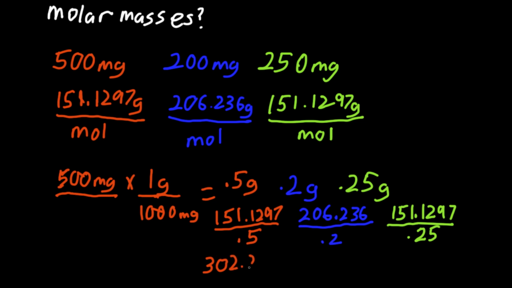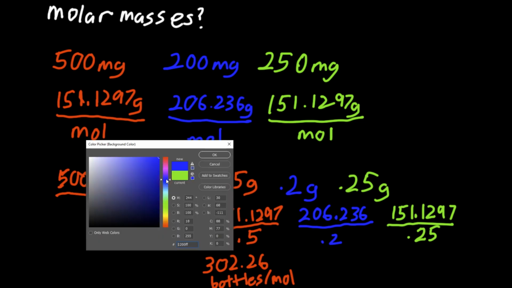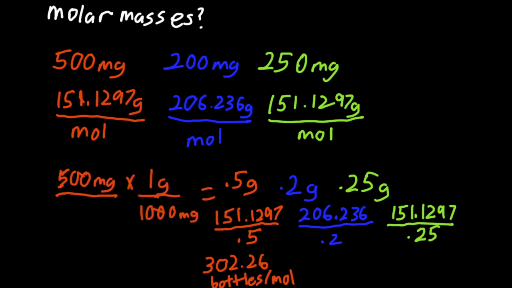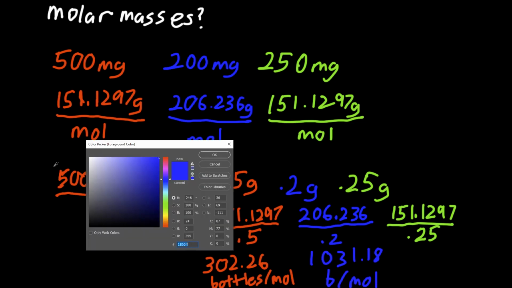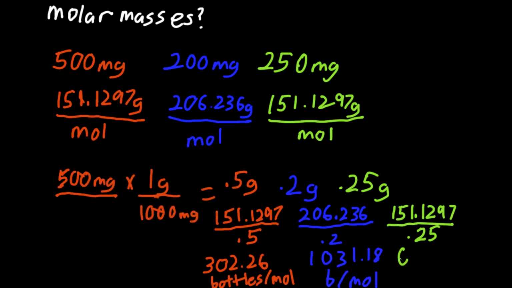Performing these calculations, we see Tylenol requires 302.26 bottles per unit mole. Advil requires 1031.18 bottles per mole. And Excedrin requires 604.52 bottles per mole.